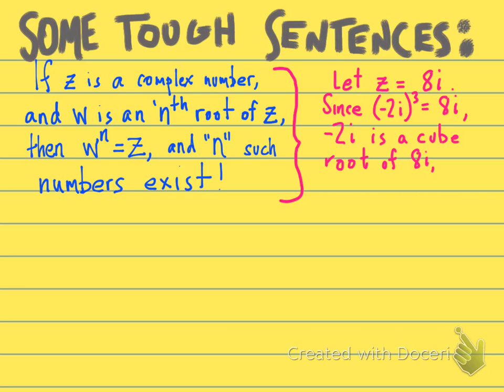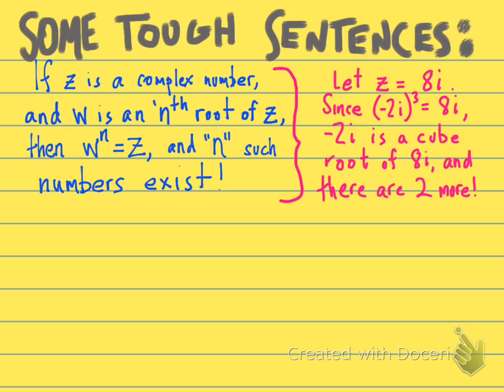Hopefully it makes some sense. But furthermore, there are two more cube roots of 8i, and that may seem rather strange. But that is what we're dealing with here. In fact, these extra roots, the ones that are less obvious, are really where the tough work of finding the roots of polar complex numbers is: in finding those extra roots.